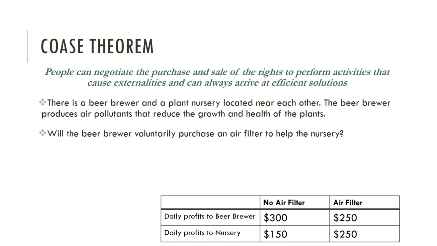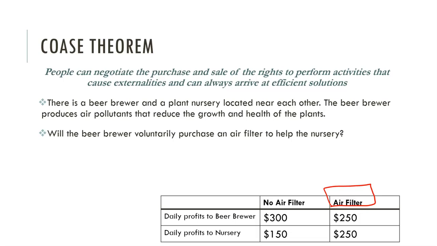In this case, there's an air filter that the beer brewery can put on whatever's spewing out the air. They can put this on to keep that bad stuff captured so it doesn't impact the plants. But it's going to cost them money, and maybe they even produce less.